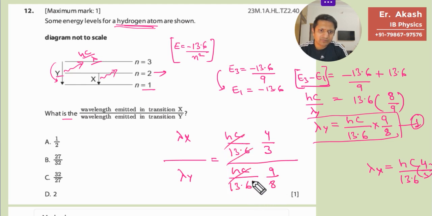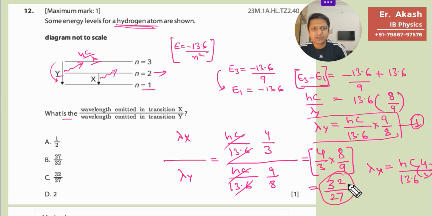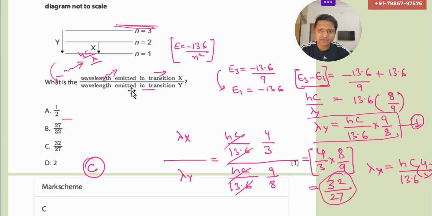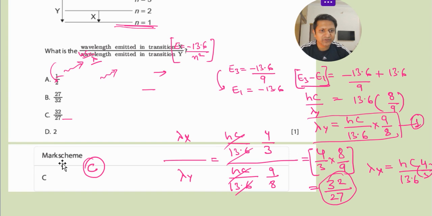So this will cancel off, 4 by 3 into 8 by 9. So this is 8 4s are 32 and 9 3s are 27. So 32 by 27, C will be the right answer. So now we will see the mark scheme. Mark scheme, C is the right answer.